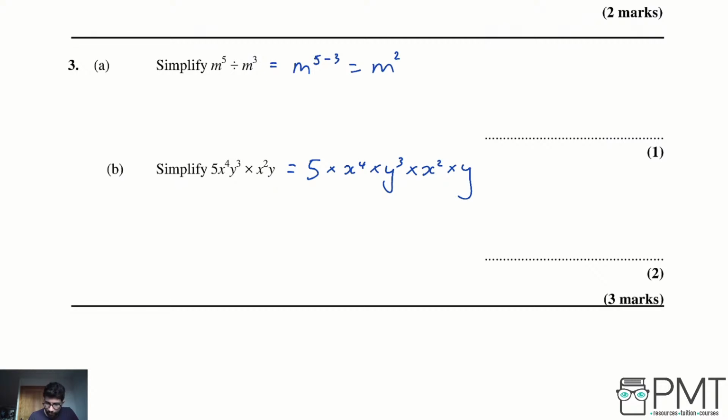So if you're multiplying all of these together, what is the rule? What was the condition for when we can add the powers? Remember that the bases need to be the same. So if one is an x, one is a y, you can't really do anything with them.